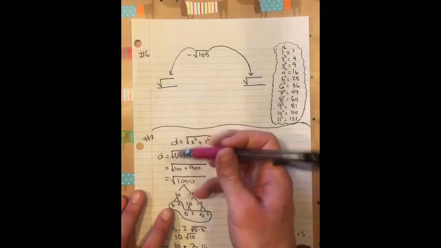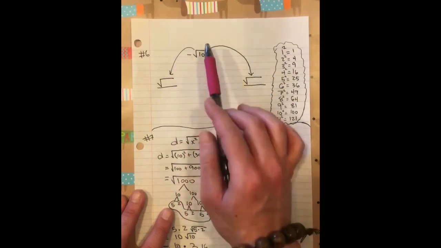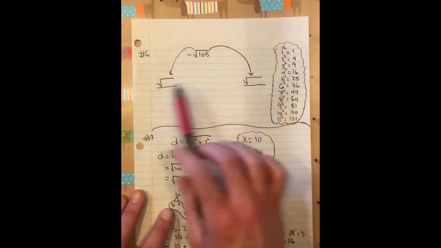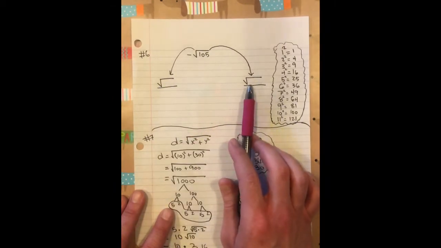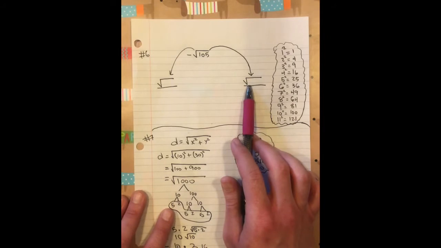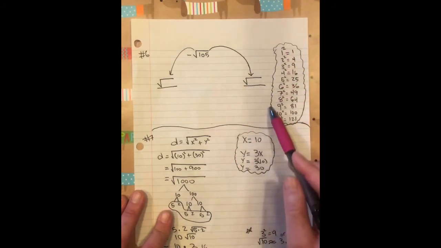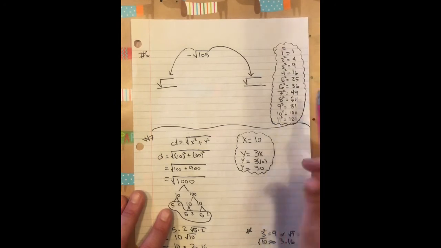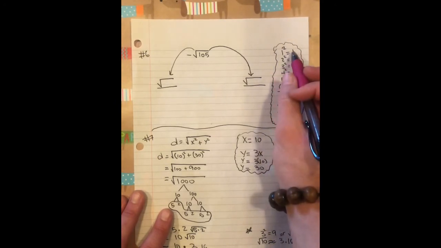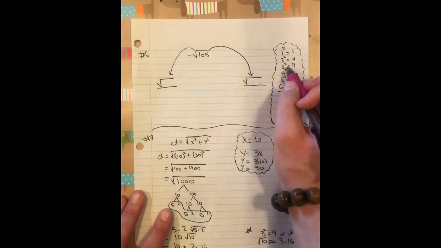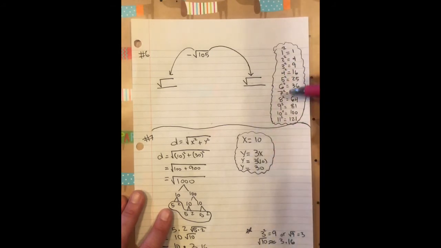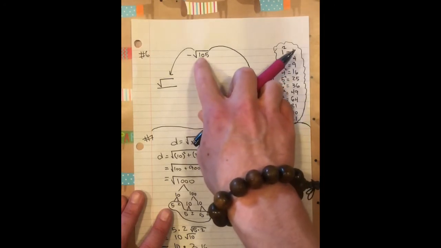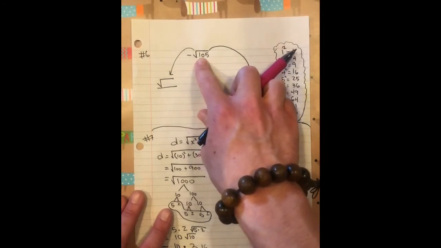Okay, so we need to know what two radicals or square roots that those fall between that are perfect, that we know right off the bat. So what I did is I did my little thought bubble, and I went through all of the perfect squares. So 1 squared is 1, 2 squared is 4, 3 squared is 9, so on and so forth. What we're looking for is two numbers outside of that, one before, one after.